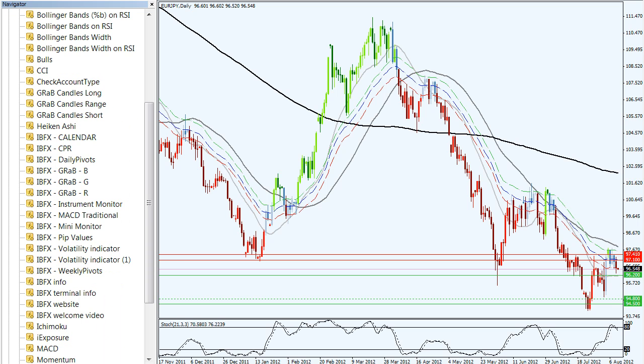There are a number of indicators that are called the IBFX grab. One's called the B for blue, G for green, R for red. You are going to activate all three of these on your chart. Just drag and drop.